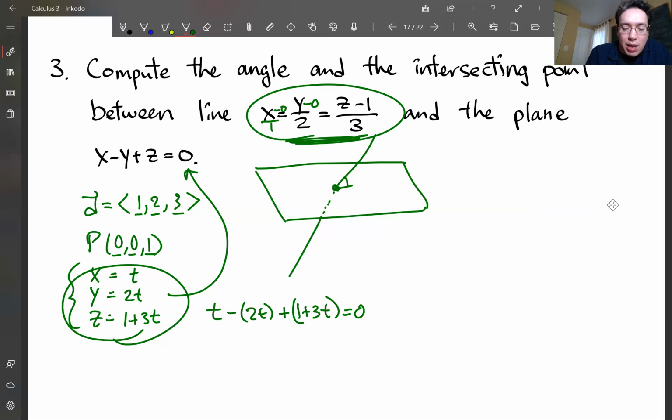And all that should add up to 0. All right. Let's see. So let's collect the t terms. So t minus 2t plus 3t adds up to 2t. So they intersect when t is equal to -1/2.